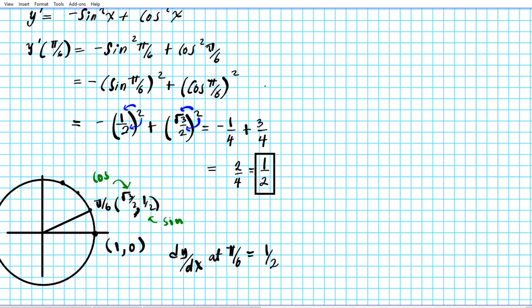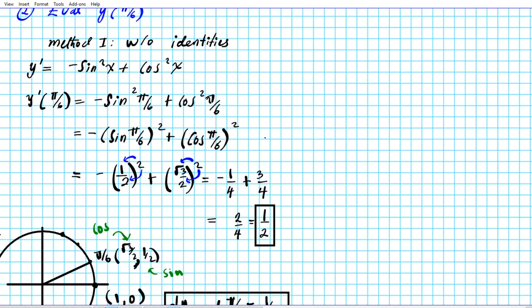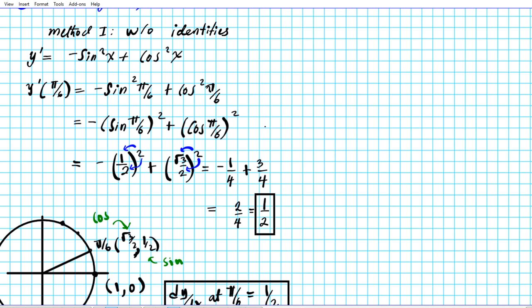Now this is how we can do the problem if we don't remember our double angle identities. So let's do the same process using the double angle identities, okay? But if you're satisfied with this method, then you're fine. Okay, so let's take a look at that real quick.